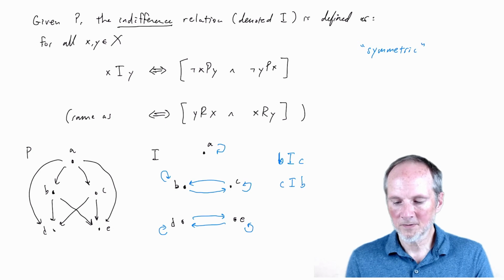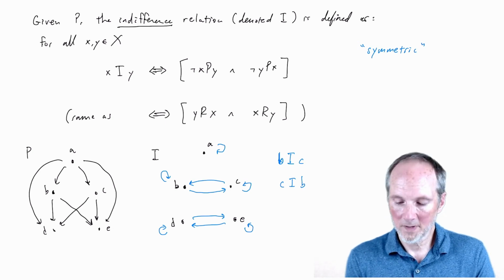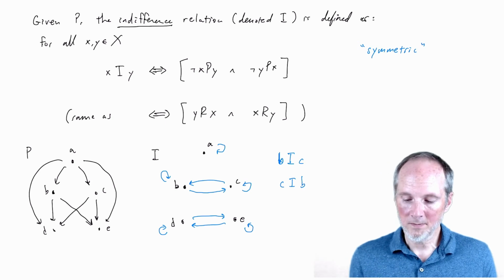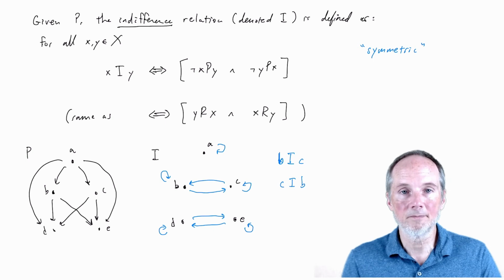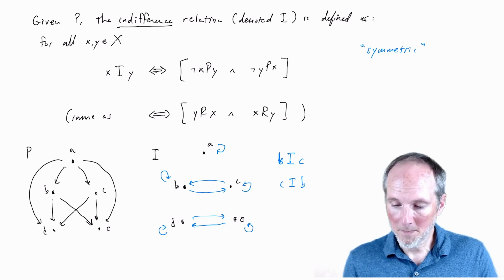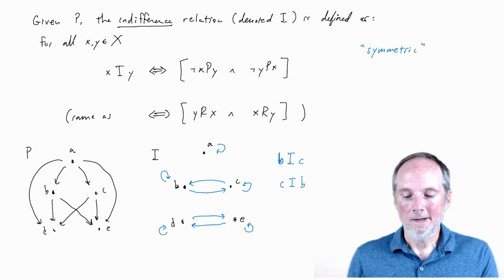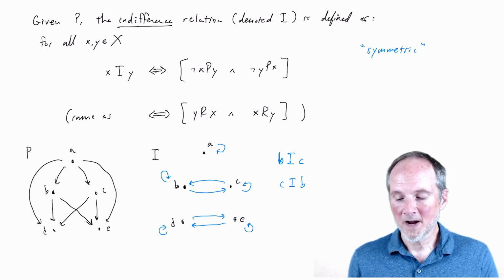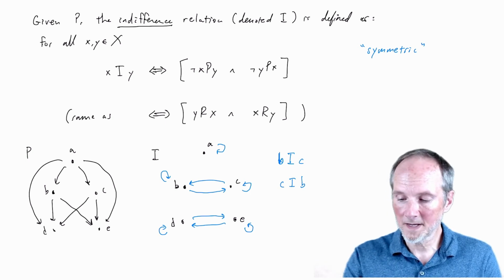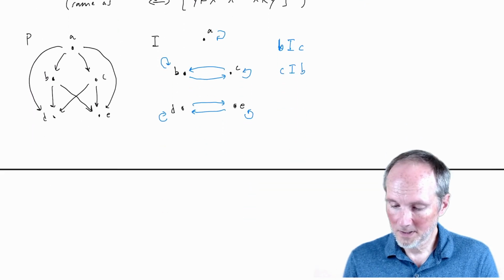That's what the indifference relation generated by P would look like. In terms of a ranking, it just means the alternatives are on the same level of the ranking. These are super intuitive ideas, but it gives us more notation to keep track of, and it also means we have more structure to play around with.